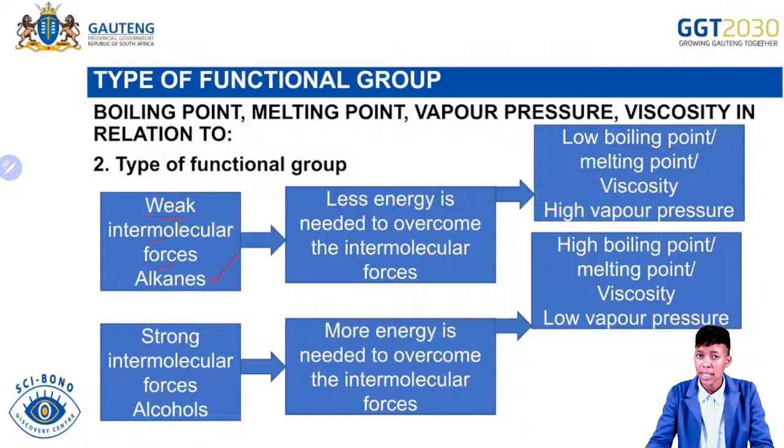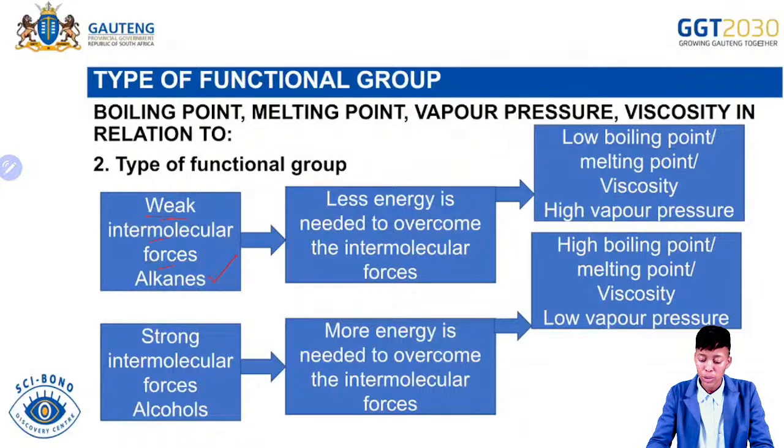If less energy is needed to overcome the intermolecular forces, how is it going to impact your boiling point, melting point, and viscosity? It means that they are going to be low, and if they are low, it means that the vapor pressure will be higher.